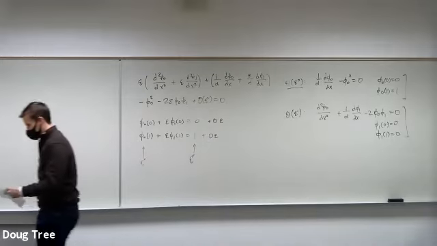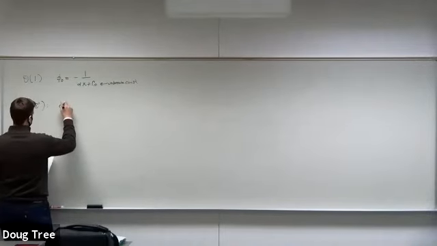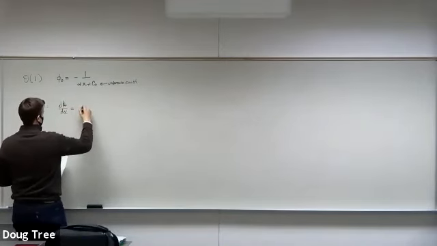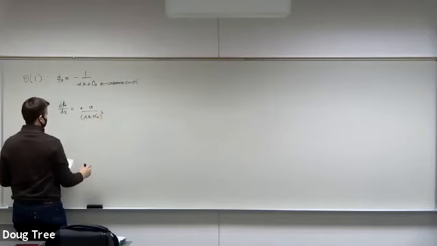Okay, so I need to know what that derivative is, by the way. If I know that phi 0 is this, I need to know what d phi 0 dx is. And that's positive alpha over alpha x plus c naught squared. Do I need a 2? No, I don't need a 2, do I?